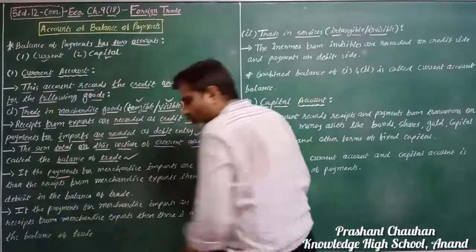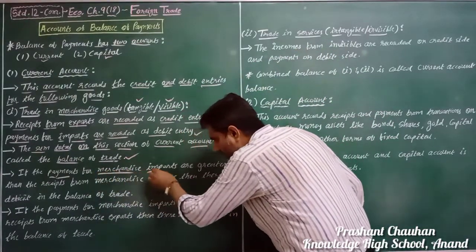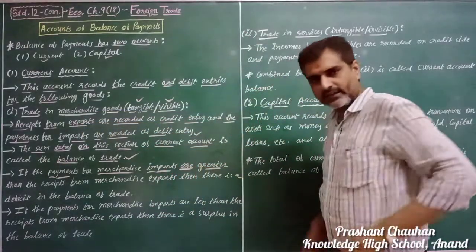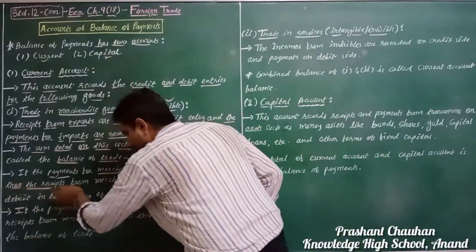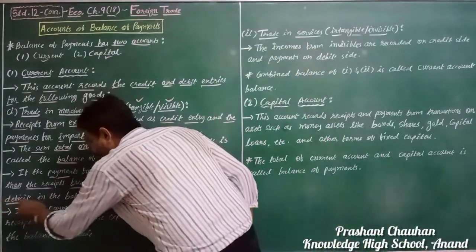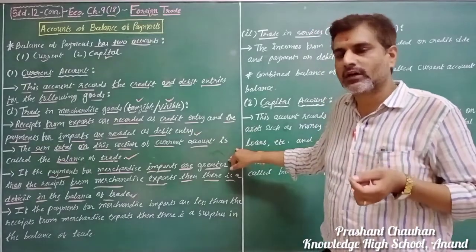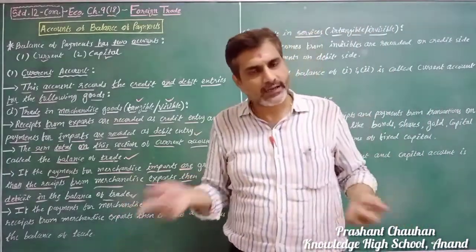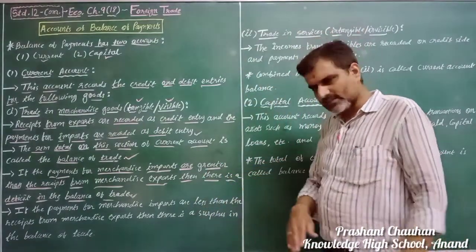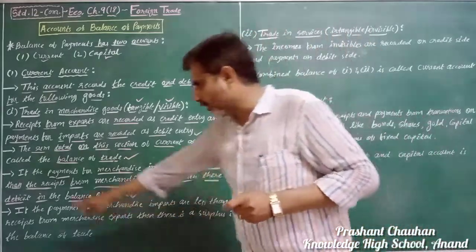If the payments, ये पॉइंट ऑलरेडी डेफिसिट और सरप्लस में कवर हो चुका है. वंस अगेन इन अ डिफरेंट वे, इफ द पेमेंट्स फॉर मर्चेंडाइज इंपोर्ट्स, यहाँ मैंने बोला गुड्स, जो भी इंपोर्ट्स एक्सपोर्ट होता है, तो मर्चेंडाइज इंपोर्ट्स आर ग्रेटर देन द रिसीप्ट्स फ्रॉम मर्चेंडाइज एक्सपोर्ट्स, then there is deficit in the balance of trade. यानी जो भी आपका इंपोर्ट्स है वो एक्सपोर्ट से ज्यादा होगा, तो व्हाटएवर द रिजर्व इनकम दैट इज द डेफिसिट होगा. ऑलरेडी हमने कल टाइप्स ऑफ जो भी बैलेंस ऑफ पेमेंट था उसमें देख लिया है. तो लेट अस सी वंस अगेन, merchandise imports are greater than merchandise exports of the one country for 1 year, that is called deficit balance of trade.